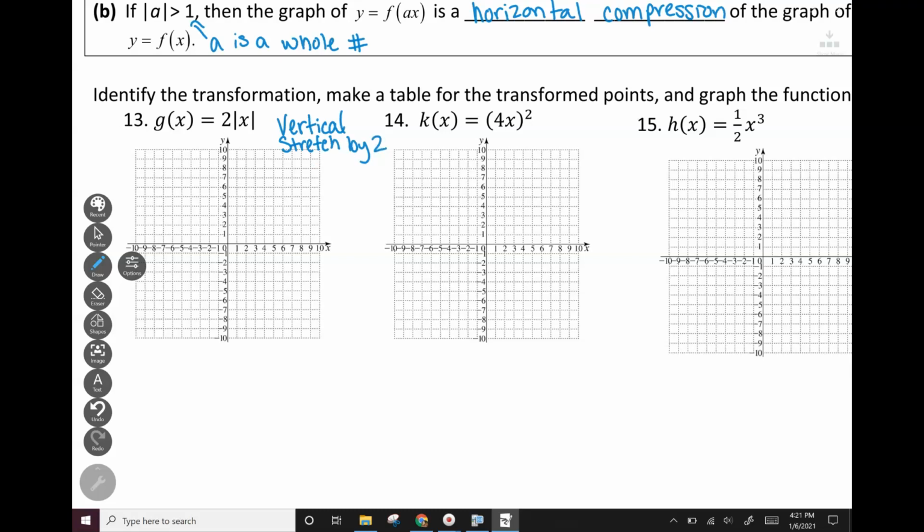So each y value is going to be multiplied by 2. So you could say each x, y is going to become x comma 2y.